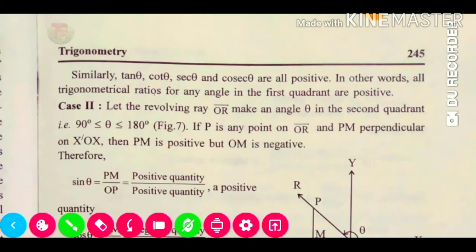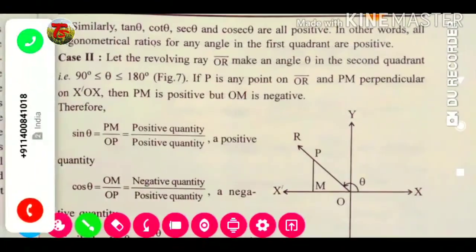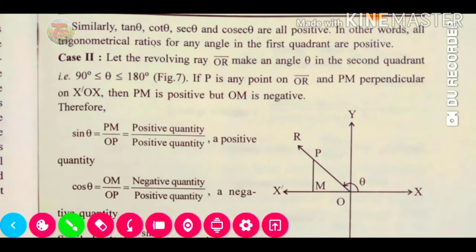Now case number 2 is the second quadrant. Case 2: let the revolving ray OR make an angle theta in the second quadrant.